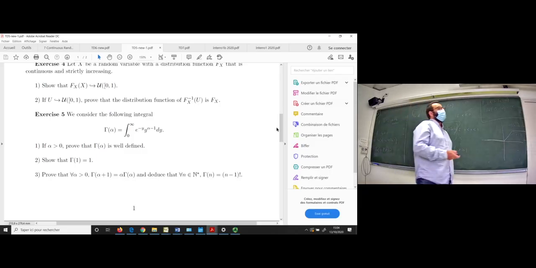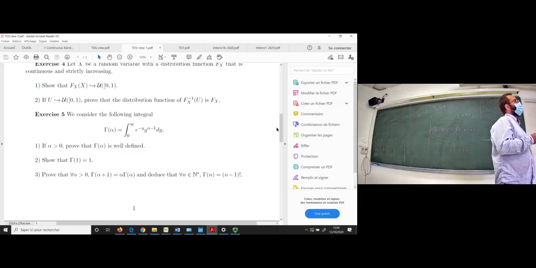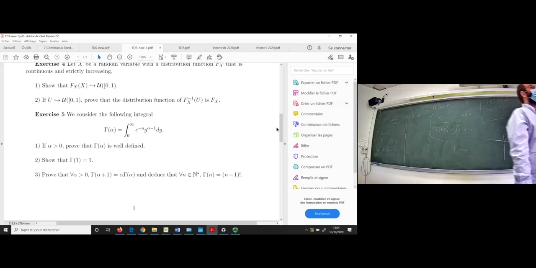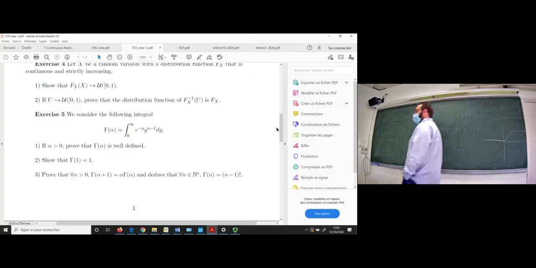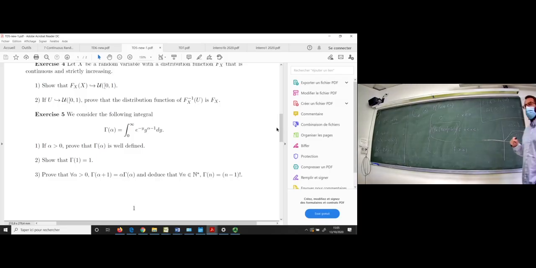Typically, if I give you a capital X fulfilling this hypothesis, with the inverse of the distribution function perfectly known, and you apply it to capital U, you'll be sure that you will have a random variable with exactly the same distribution as X. From a computational point of view, if you are able to compute F_X^{-1} explicitly, generating this random variable with a computer won't be more complicated than generating a uniform on the interval 0, 1.